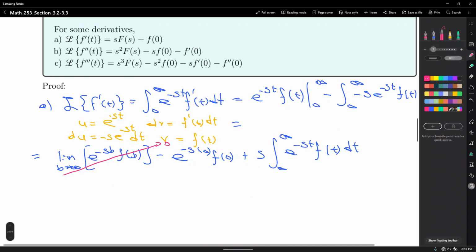But guys, what did we say about the existence of the Laplace transform? Isn't it true that it has to be of exponential order, which means the exponential function dominates? So e to the negative infinity, boom, that goes to 0. And e to the negative s times 0 is e to the 0, that's 1, all right?